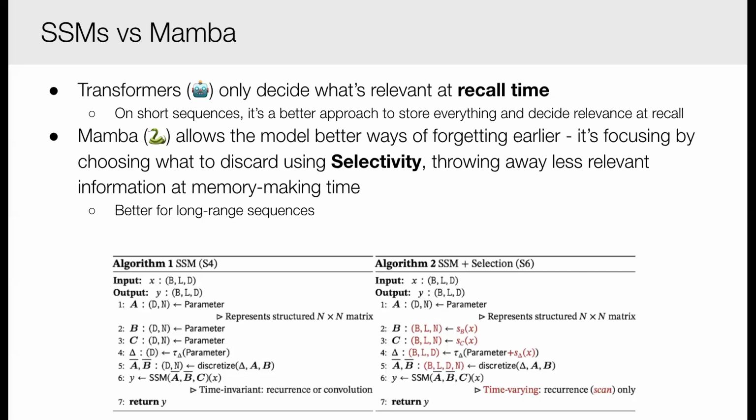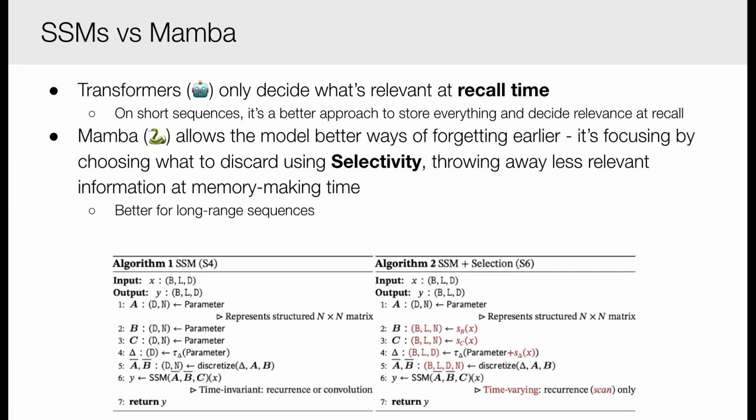So Mamba focuses on what to choose and what to discard. It doesn't do this with attention, but instead does this with selectivity, where you're now throwing away less relevant information, and you're getting a compressed state for each parameter A, B, C, and D. So that makes it really good for long-range sequences compared to transformers of similar sizes.